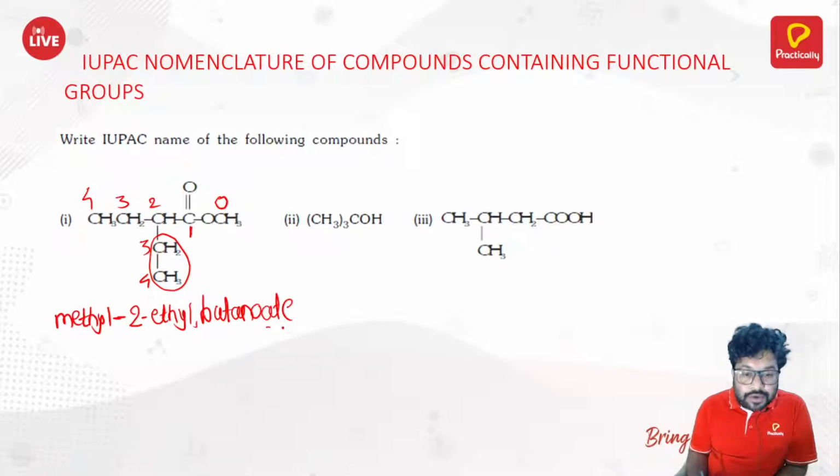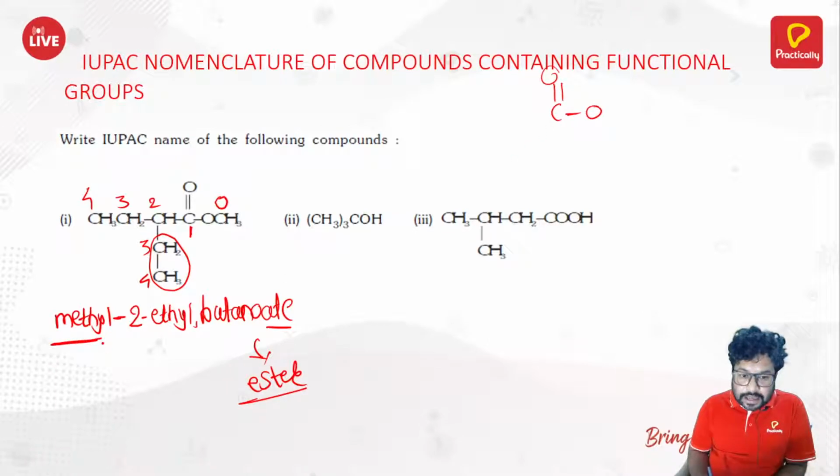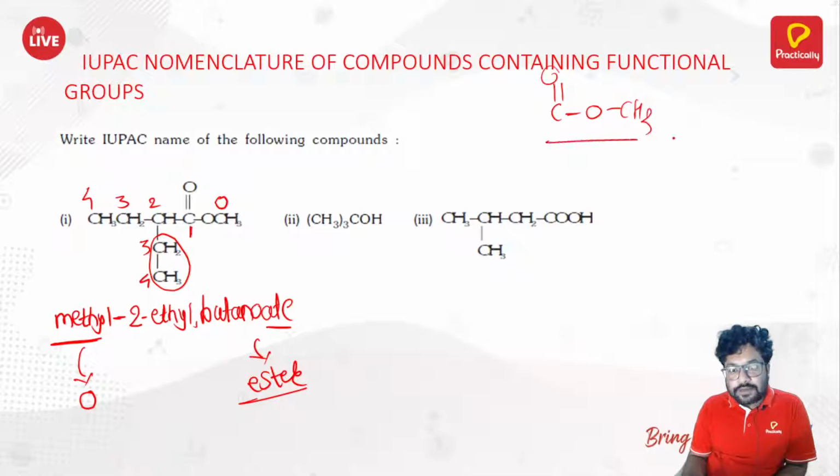When you write butanoate, they understand that it's an ester. And ester means what? C double bond O, O. And when you write this methyl there, they understand that this methyl is attached to your oxygen. That is what they understood.